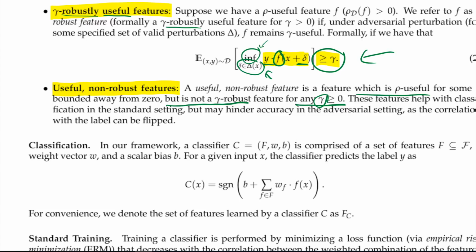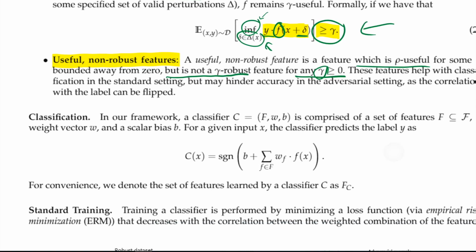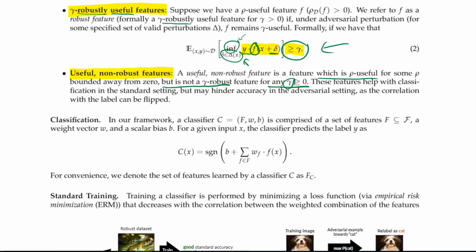It can't be like, well, this fur could be of any class, right? So the feature is not useful anymore. So this is a non-robust feature. Technically, you can say any feature that is useful but not robust is a non-robust feature. All right, so this is kind of the definition of what robust and non-robust features are.